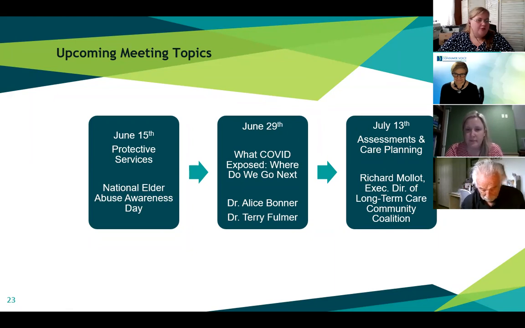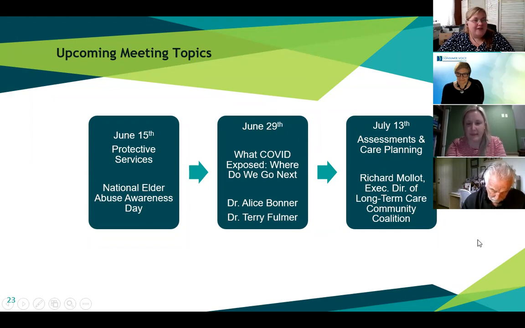We're going to hear from Dr. Alice Bonner and Dr. Terry Fulmer. And then in July, believe it or not, we're going to hear about assessments and care planning from Richard Malott, the executive director of Long-Term Care Community Coalition.